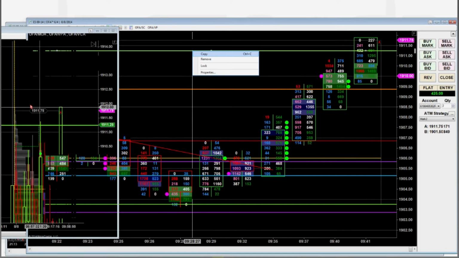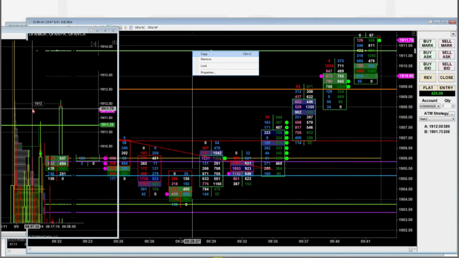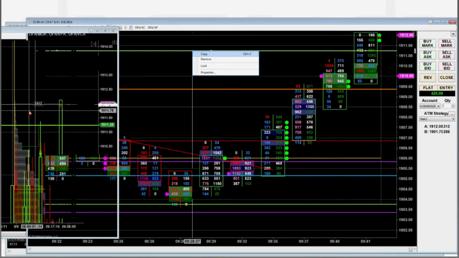So I want you watching right here, right in here, and watching how this profile builds or doesn't build. I want to see volume. I want to see one of these bars start growing volume.